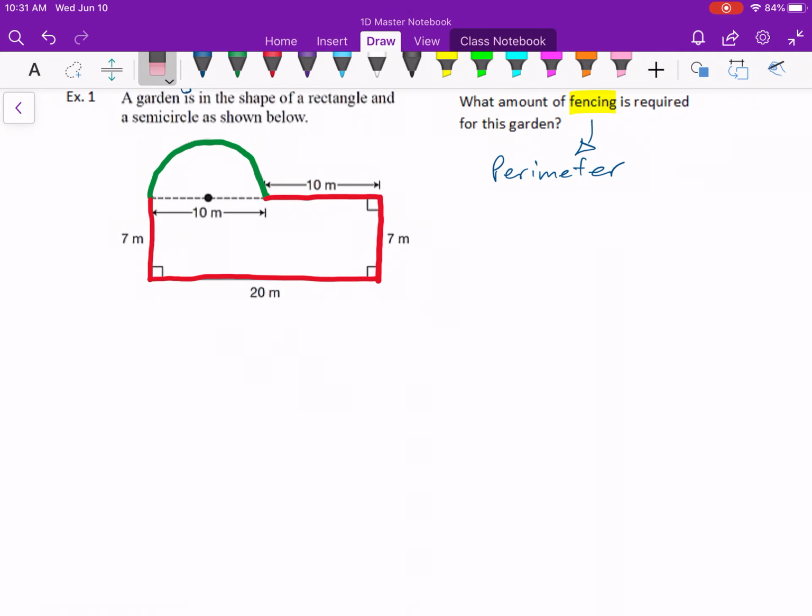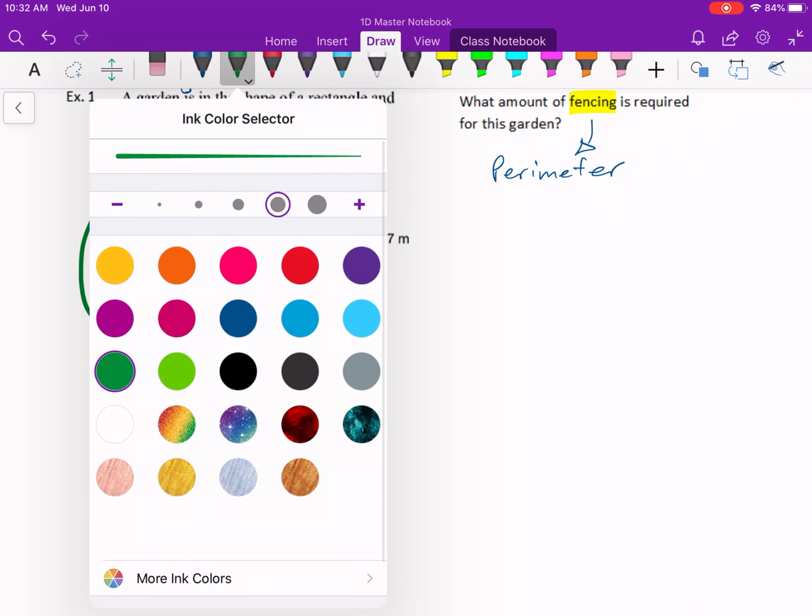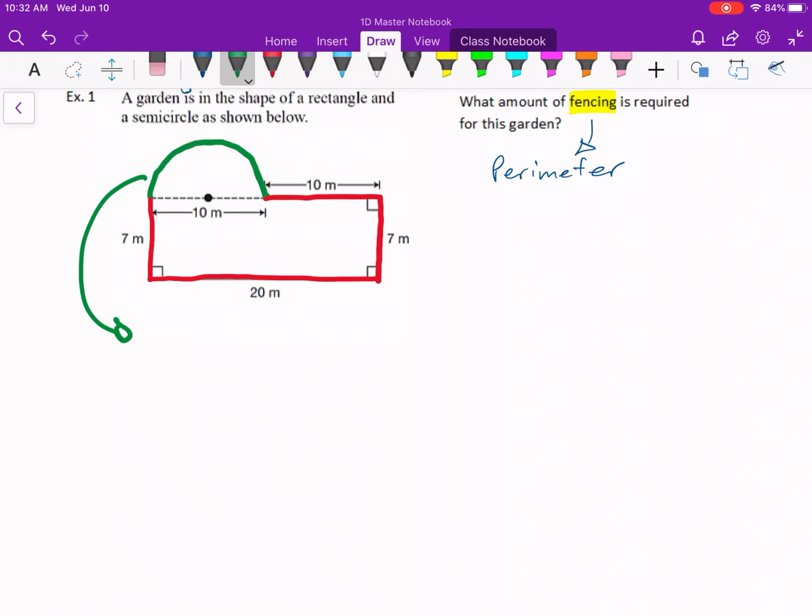So the first thing we could do is find the perimeter of the semicircle. Remember, perimeter for a circle is called the circumference. Let's go back to smaller. So circumference is the distance around the entire circle.